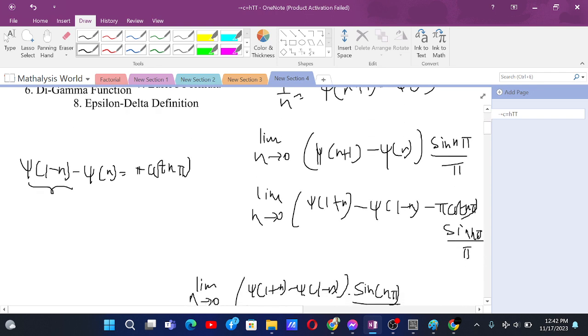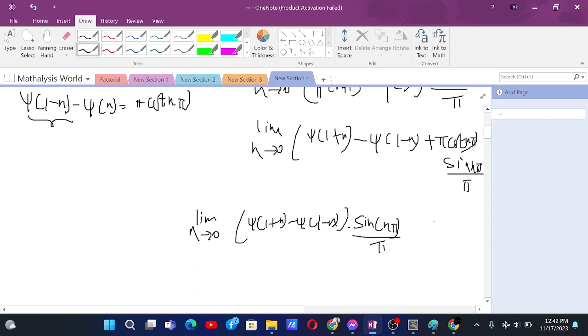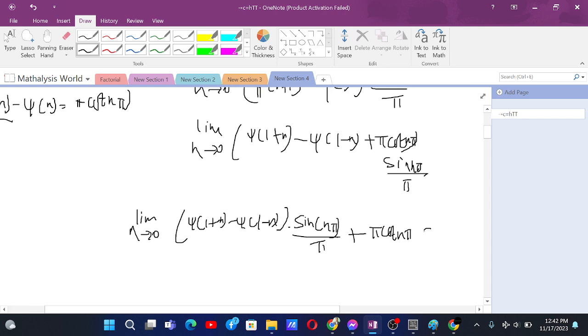My minus digamma of n is, oh, this is actually plus. So minus digamma of n, if you take it to the other side, this will be minus, but this will be plus. And after this, I multiply this with pi cot n pi, and then times sine n pi by pi.